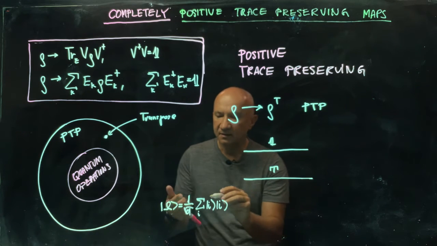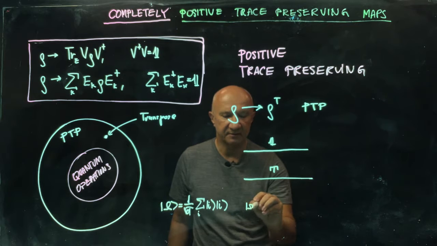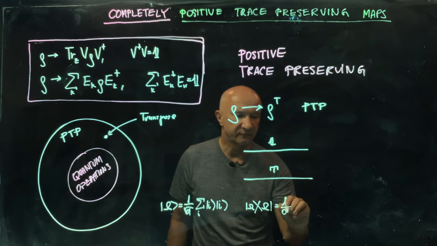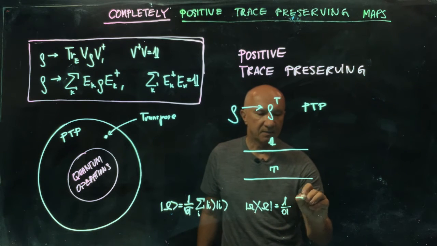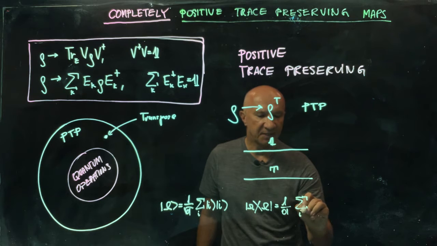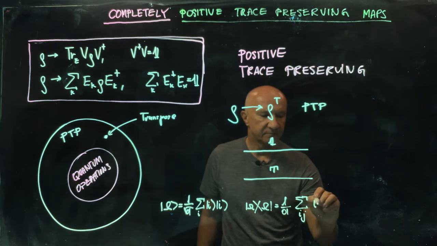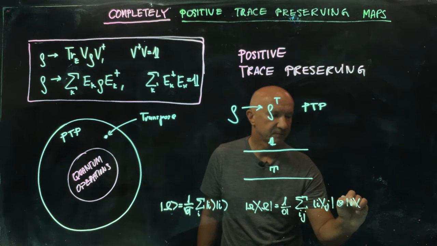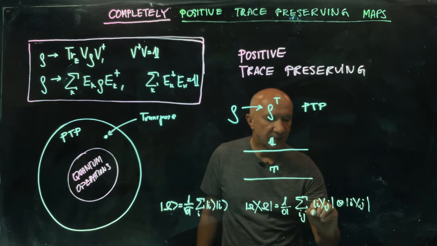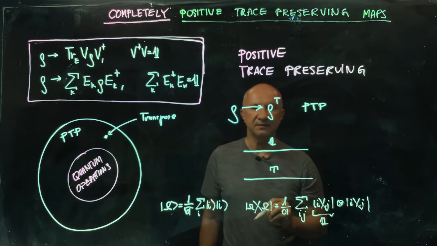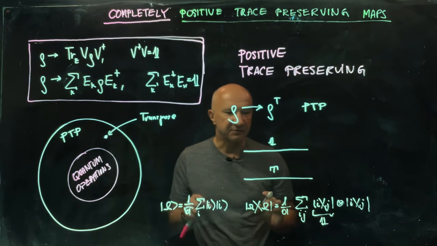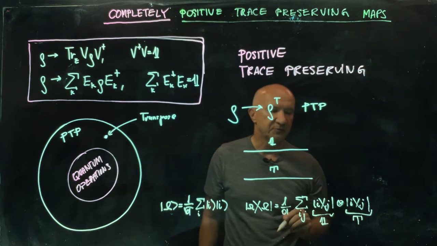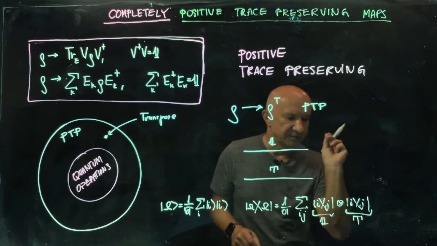So the density operator is a projector on omega, and as you probably know, it can be written as 1 over d, sum over i and j, of operators |i><j| tensor |i><j|. Now I do nothing, so I apply identity to all operators pertaining to the first subsystem, and I take the transpose of all the operators pertaining to the second subsystem.